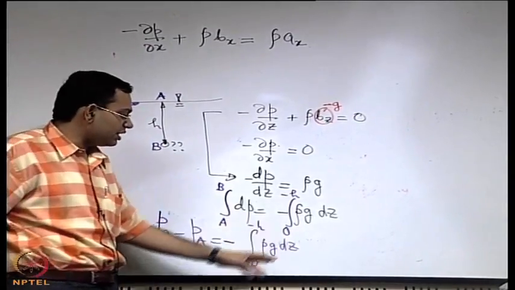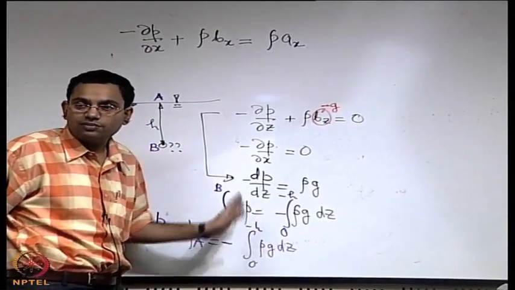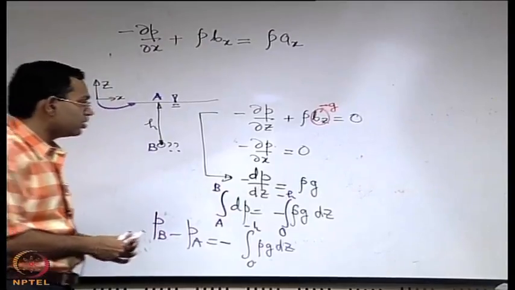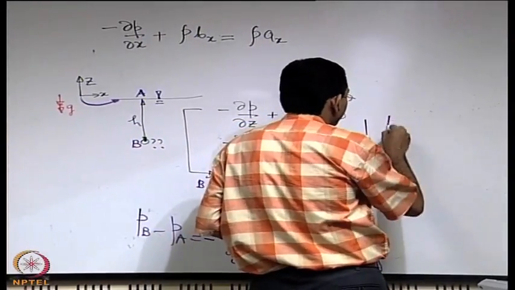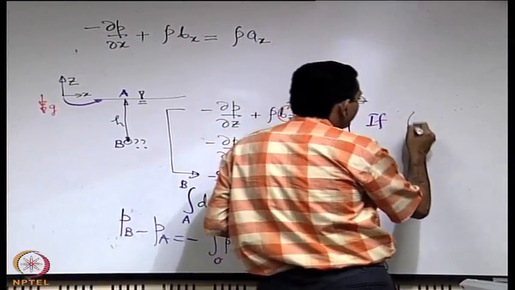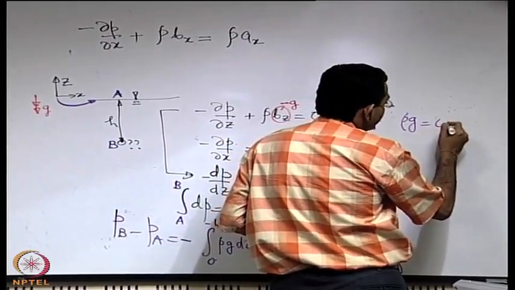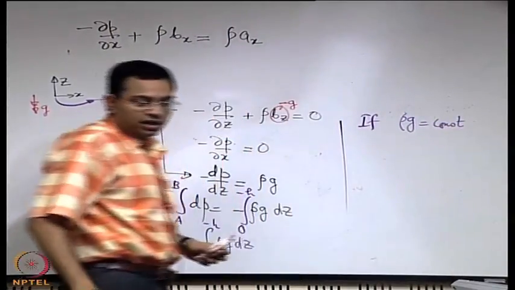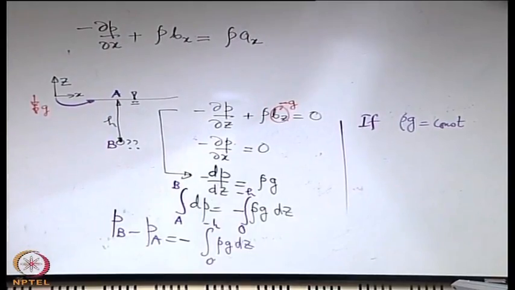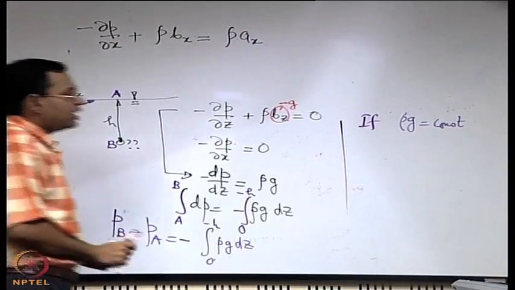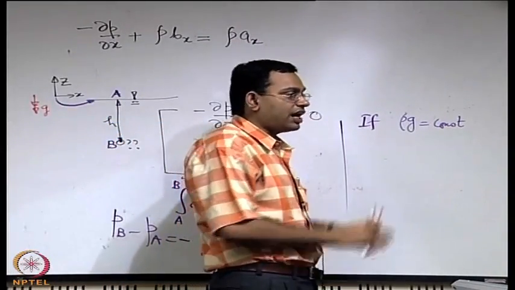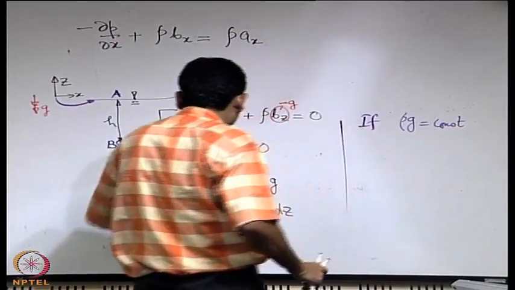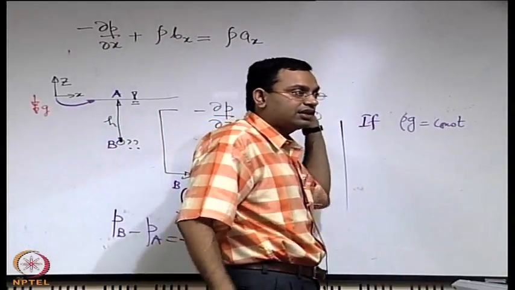But if you consider that such a situation is not there, just for simplicity, so if rho into g is a constant, that is the best way to say, because a very tough mathematician will say that I do not care whether rho is varying, whether g is varying, I am happy in bringing this term out of the integral so long as rho into g is a constant.